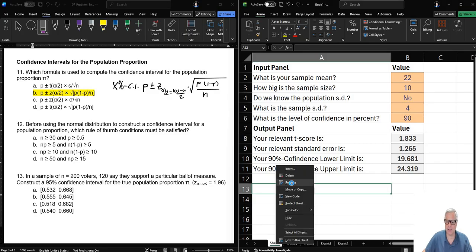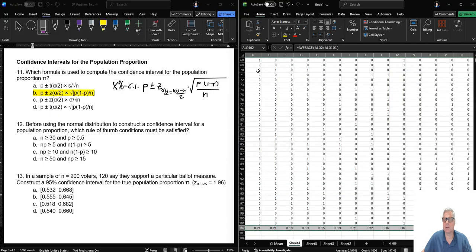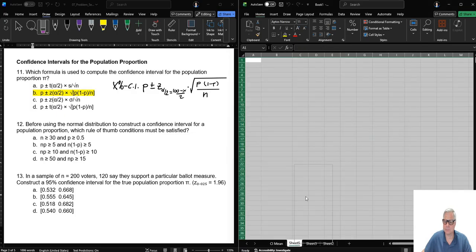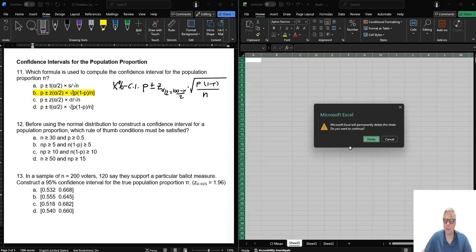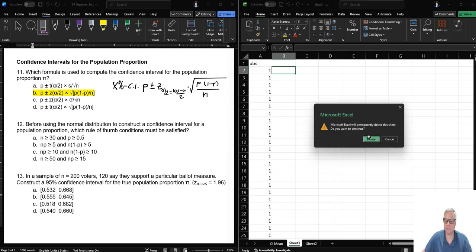And in fact, I call this one confidence interval for the mean, CI mean. And I don't need this sheet anymore. I can delete that, and I delete this one as well.